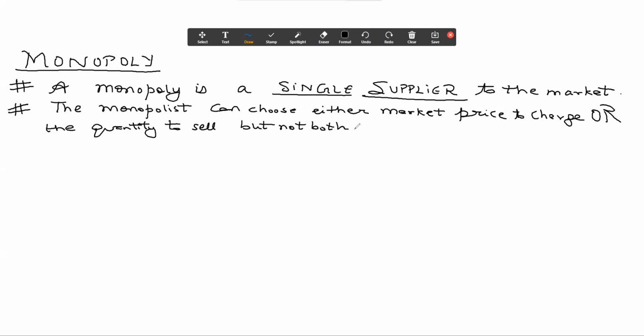But a monopolist cannot have control over both price and quantity. Either the monopolist can fix the price and keep the quantity variable, or it can fix the quantity to sell and make the price variable.